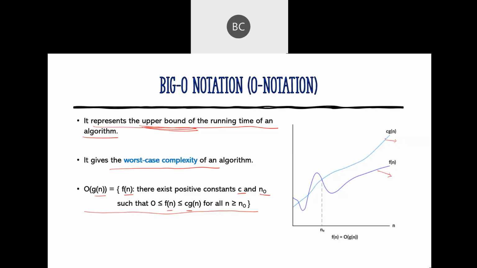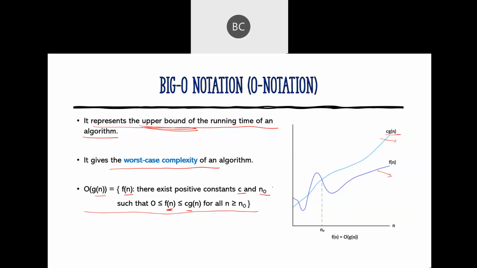Your program should be limited to this amount of time only. It should not cross this limit. Therefore your function should be between 0 and c*g(n).